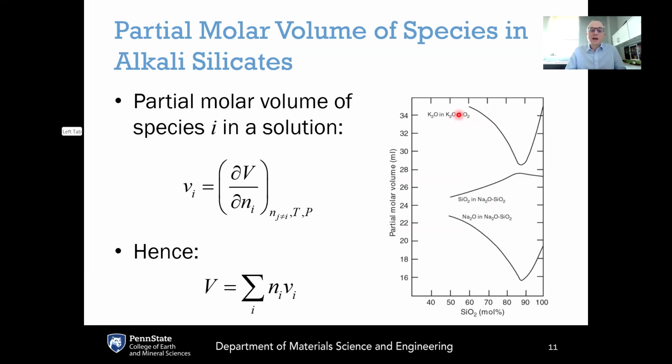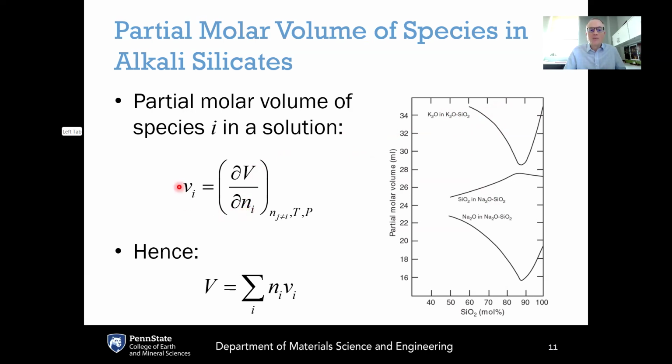We can ascribe part of that volume to the silica and part of that volume to the modifier oxides. And partial molar volumes are telling us how much the molar volume of the system is changing when we change the mole concentration of one particular component.